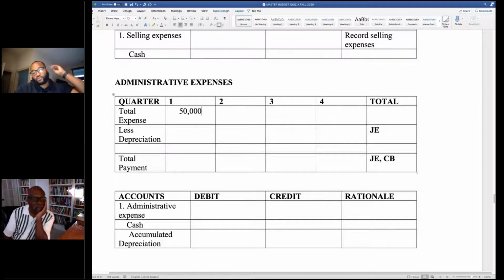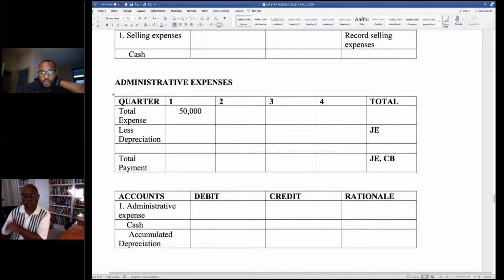What's the depreciation per quarter? That'll be the same, right? 10,000. Is that what the assumptions say? Yeah. Okay, put it in. So your payment is gonna be 40,000. Always subtract depreciation.